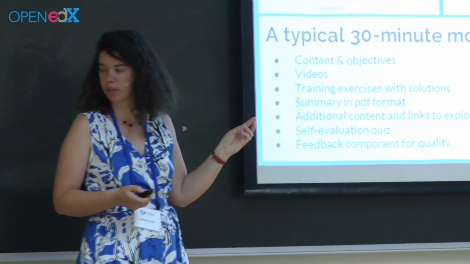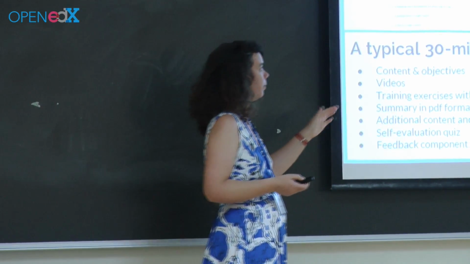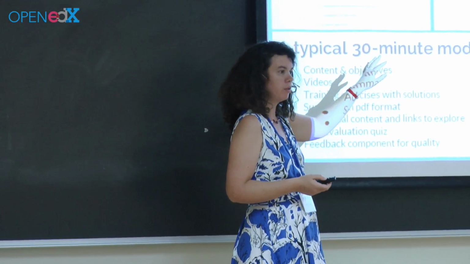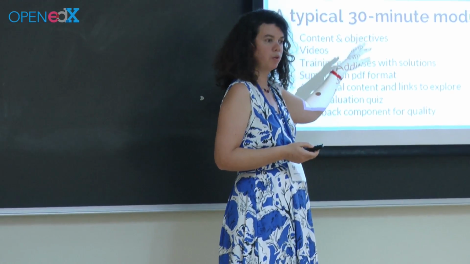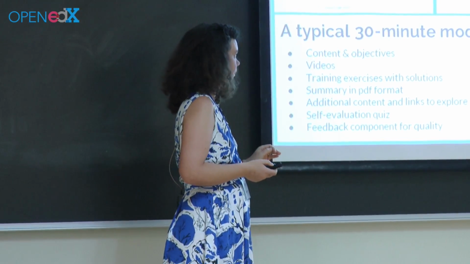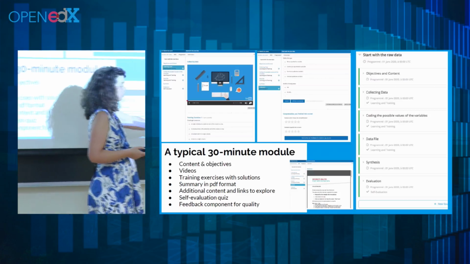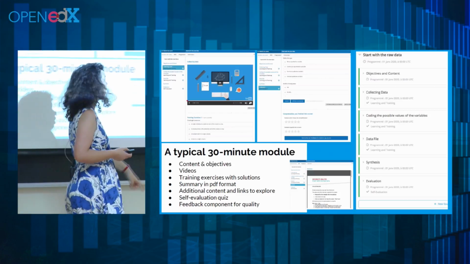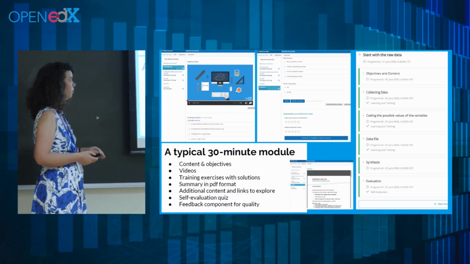There are two questions about the perception of the comprehension and also the quality of the course. Here you see the typical structure, always just one section in each module.